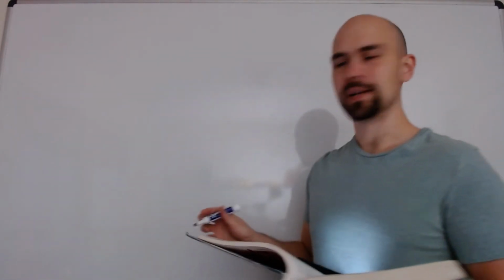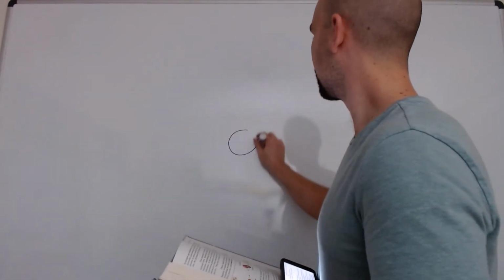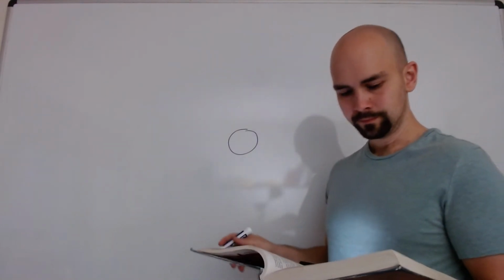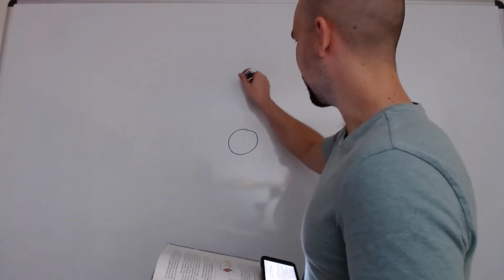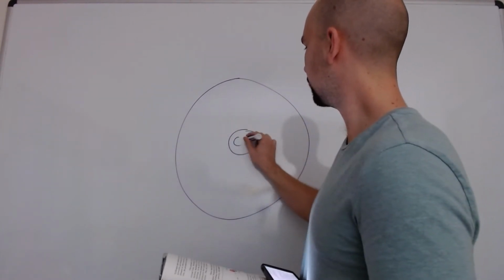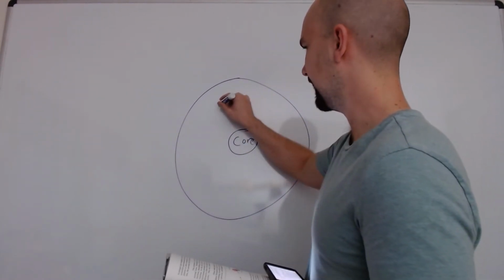So here are the parts of the sun. You've got the core. Yeah, that shows up real well. Then we have a great big radiative zone.